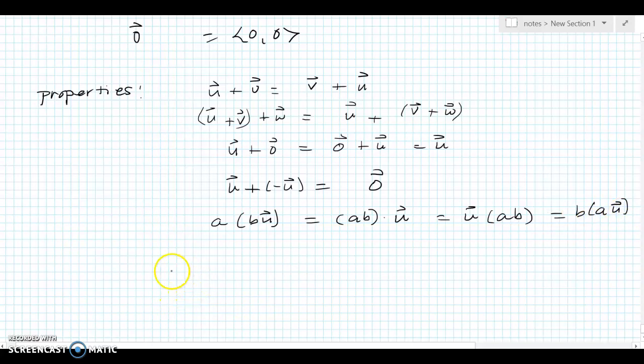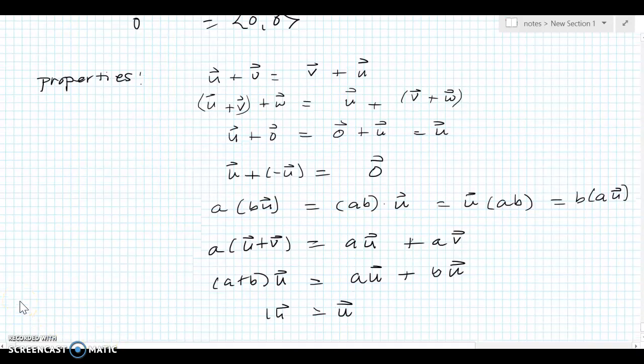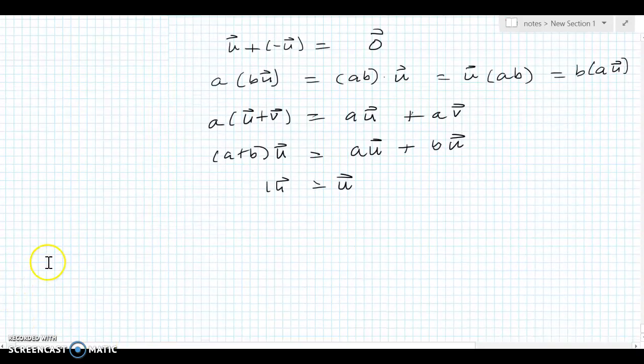Scalars can be multiplied in any order. a times (u plus v) is the same thing as a times u plus a times v, so you can distribute. (a plus b) times the u vector is a times u plus b times u. Again, you can distribute. Of course, 1 times u is just u. And those are the different properties.